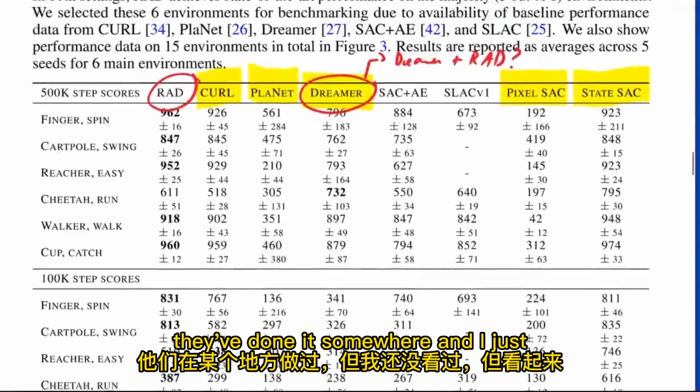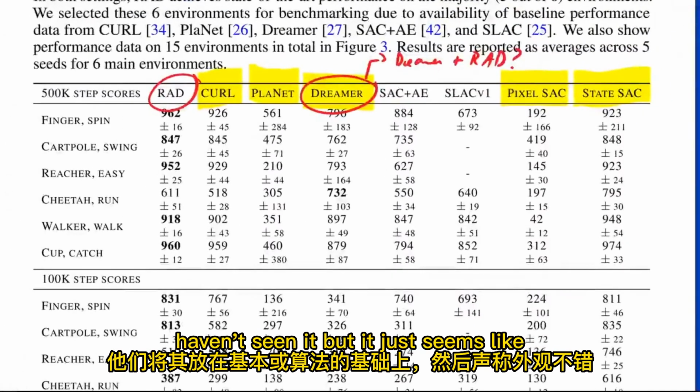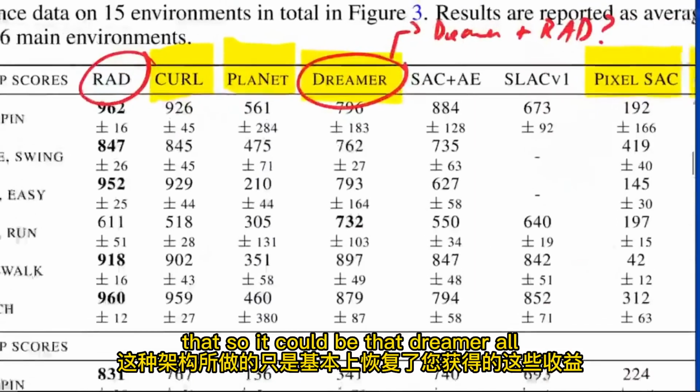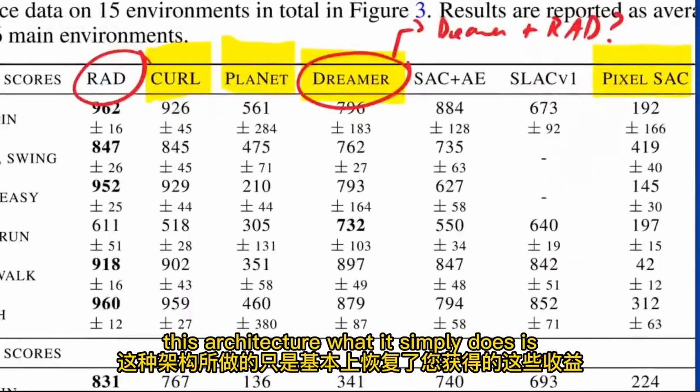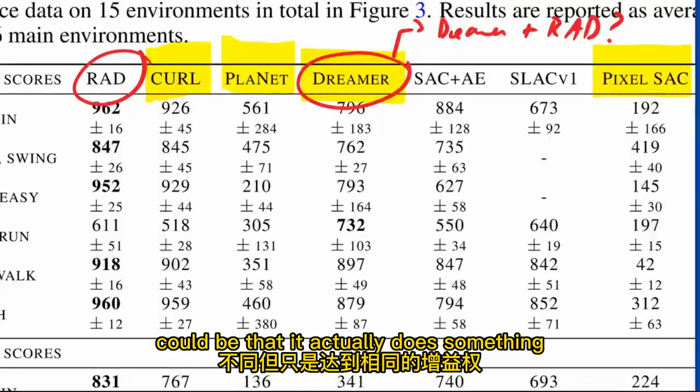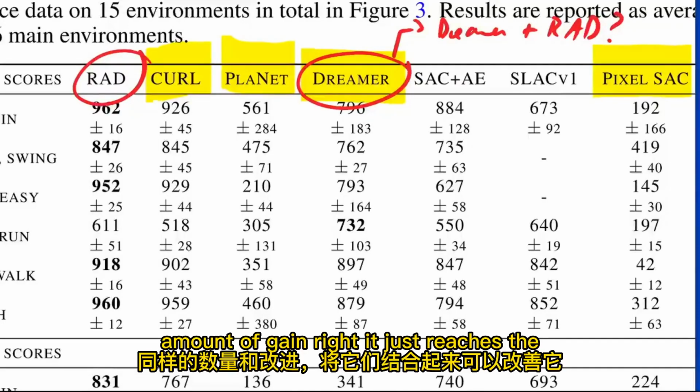Maybe they've done it somewhere and I just haven't seen it, but it just seems like they put this on the basic RL algorithm, and then they claim, well, look here, it works well, but they never show that. So it could be that Dreamer, all this architecture, what it simply does is basically recover these gains that you could get by data augmentation, or it could be that it actually does something different, but just reaches the same amount of gain, right?